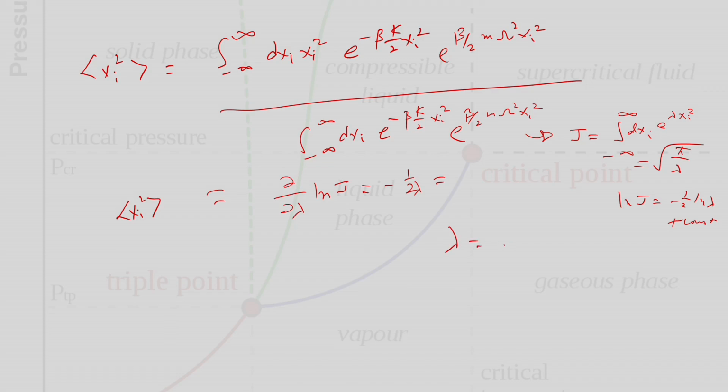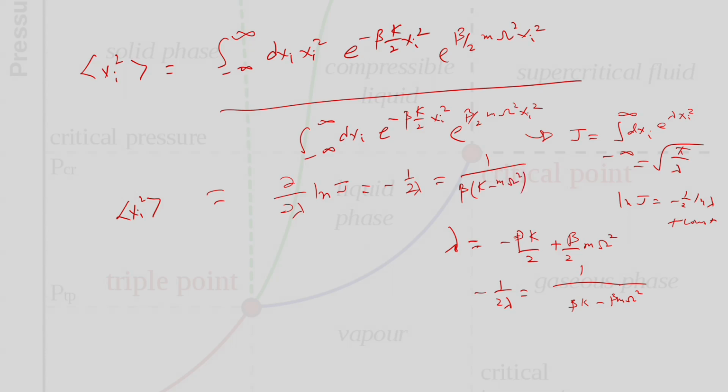Lambda is nothing but... so minus 1 by 2 lambda becomes 1 over beta kappa minus beta m omega squared. So, it is going to be 1 over beta into kappa minus m omega squared. So, that is what this is.